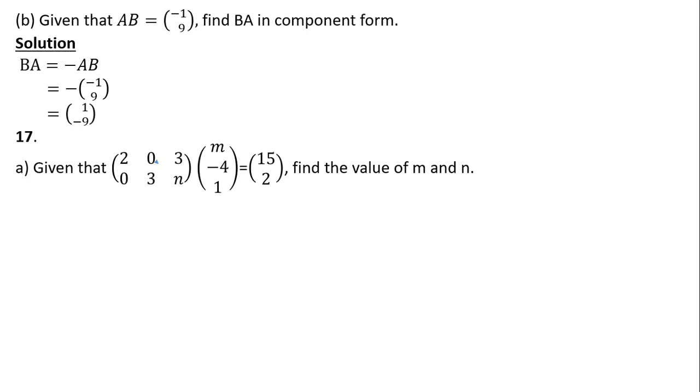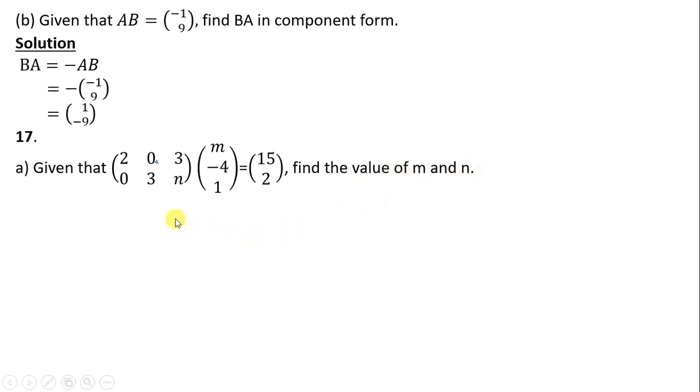We have question 17. Given that we have a matrix, first row we have 2, 0, 3, and the second row has entries 0, 3, and n. Then we have that column matrix which has m, negative 4, and 1 equals 15 and 2. Find the value of m and n.